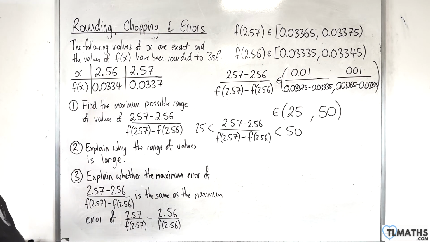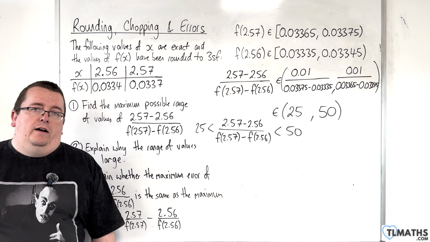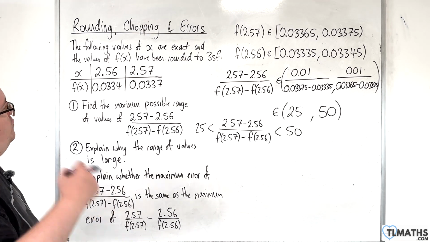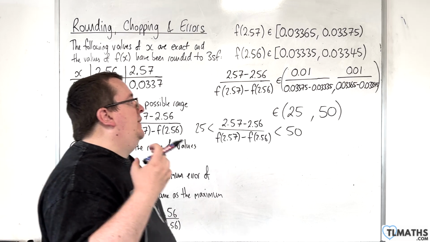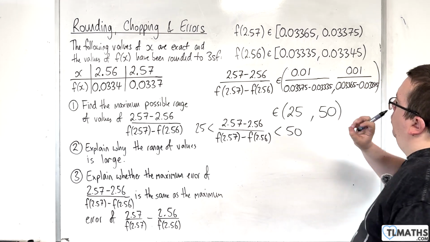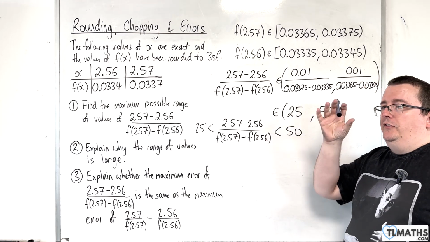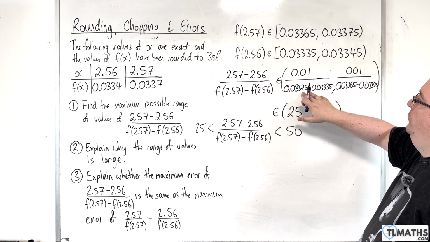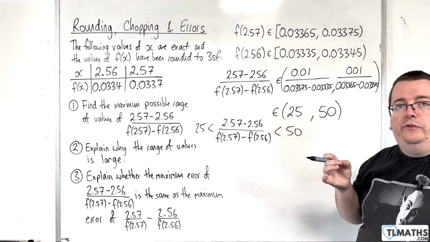So explain why the range of values is large. Well, the reason for that is because the calculation required us to look at dividing by two values that, when you're subtracting, are quite close to 0.